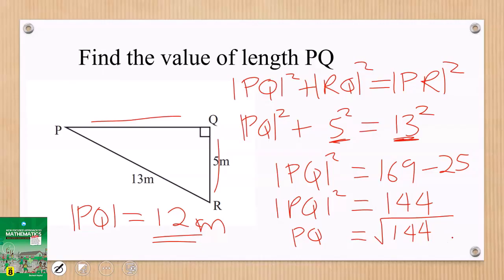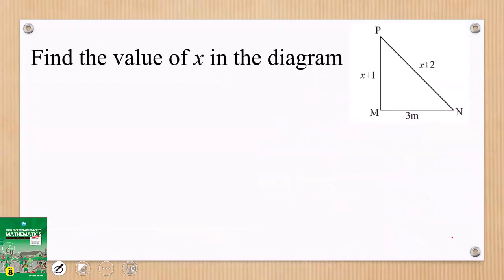Let's take the last example. Find the value of x in the diagram. Here, the assumption is that this is a right angle triangle, even though it wasn't indicated, but that should be. Normally, if it's not indicated, we don't want to assume. But for this very question, it's supposed to be there.